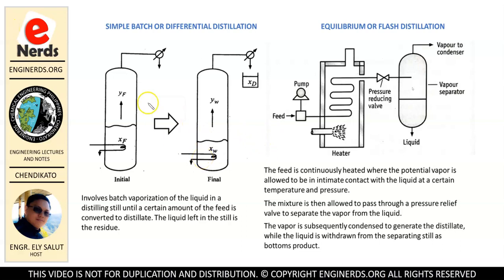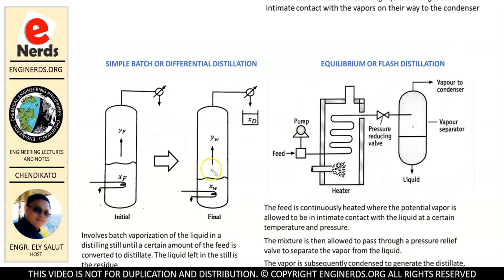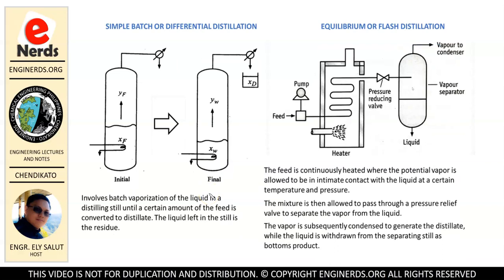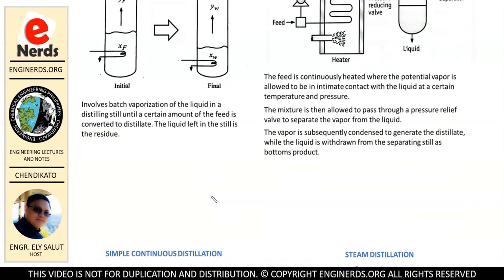For example, dito sa simple batch differential distillation, we generally apply yung Rayleigh equation natin, ano? So our Rayleigh equation is ln of F over W, which is our residue, yung pinag-usapan natin dito kanina. And this will be equal to the integral from XW, so nakita na natin yan, no?